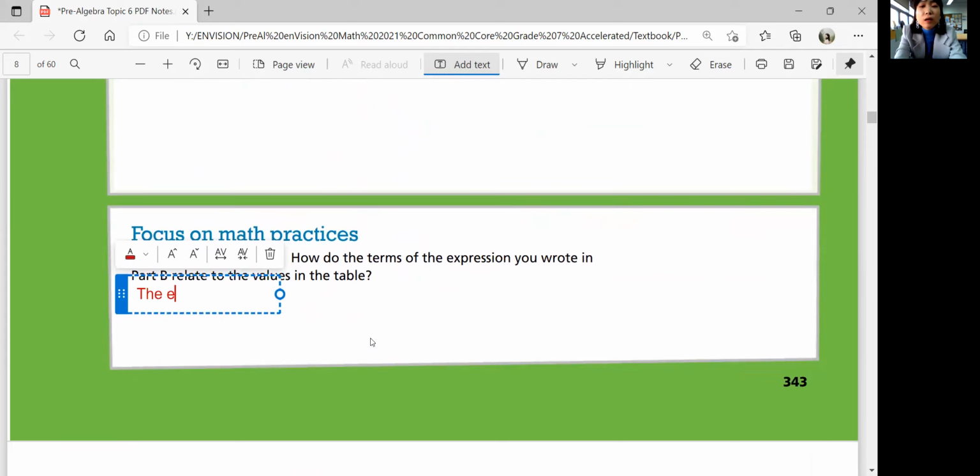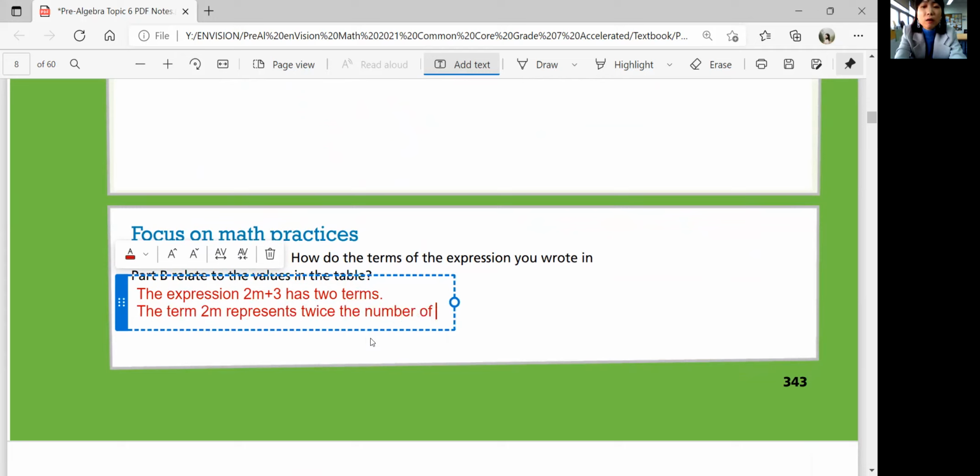Well, the expression 2m plus 3 has two terms, right? The term 2m represents twice the number of golf balls in Marley's collection.